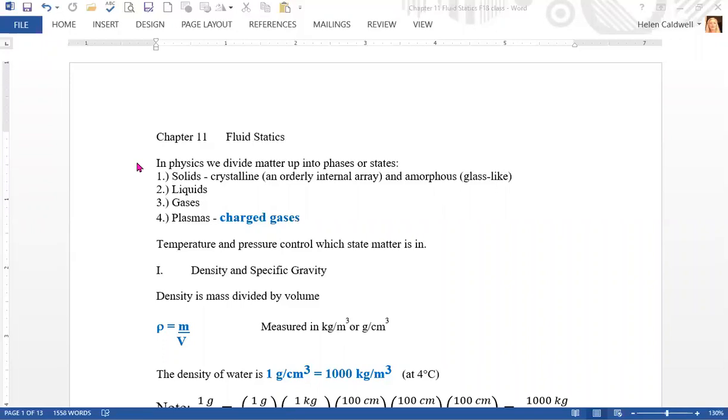Plasmas in physics are charged gases. So the gases that surround the Earth's upper atmosphere have electric charges in them, and in fact that's one of the reasons why you have the northern lights. When charged particles from deep space enter the Earth's atmosphere, they excite the molecules in the plasma, and it creates an electric phenomena that results in a light display.